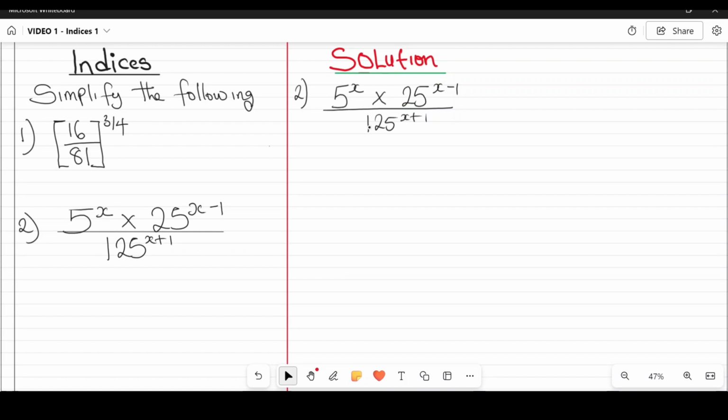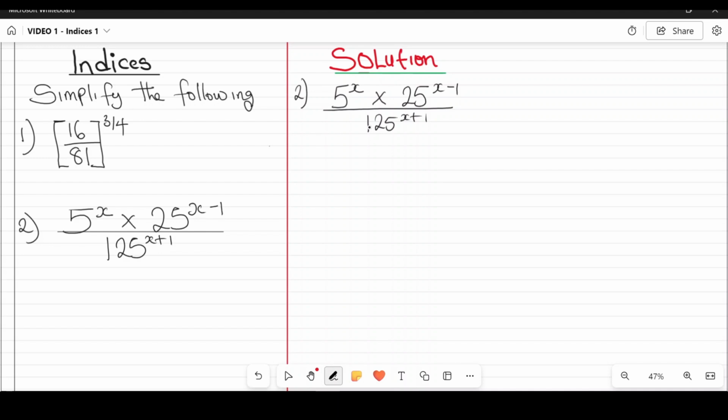Now we'll look into the number 2 question. Number 2 question says that 5 raised to the power of x multiplied by 25 raised to the power of x minus 1, all divided by 125 raised to the power of x plus 1. Now the first thing we do here again is to express 25 and 125 as the power of their base.